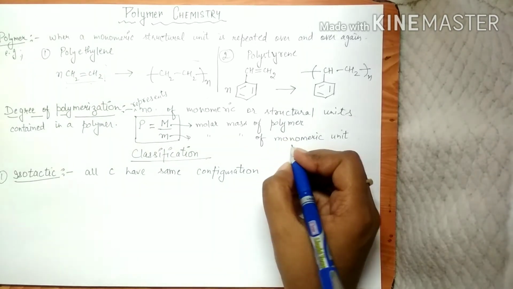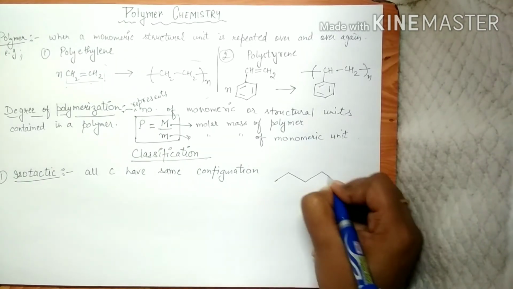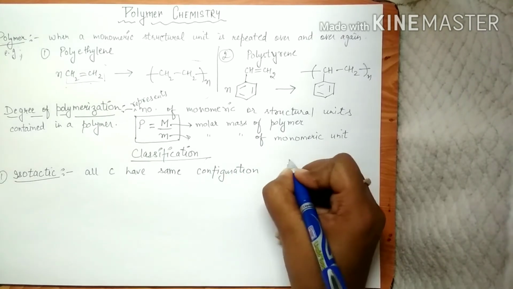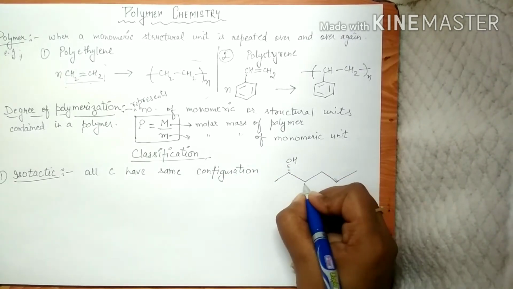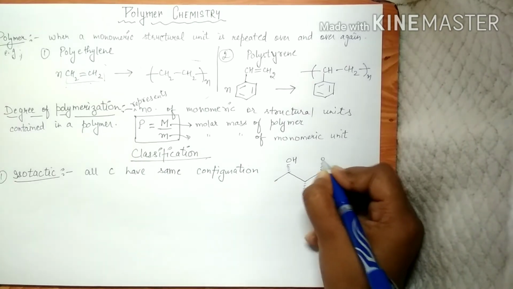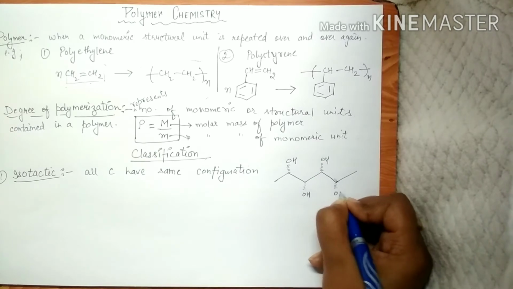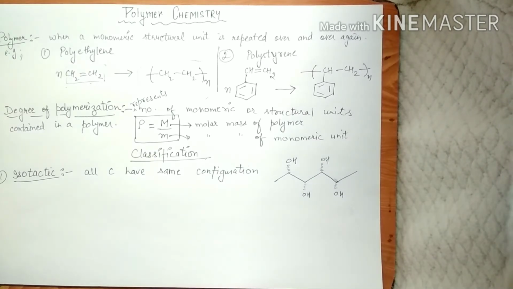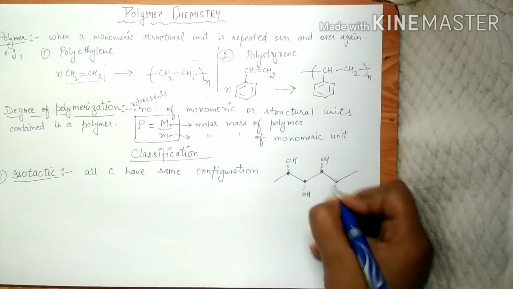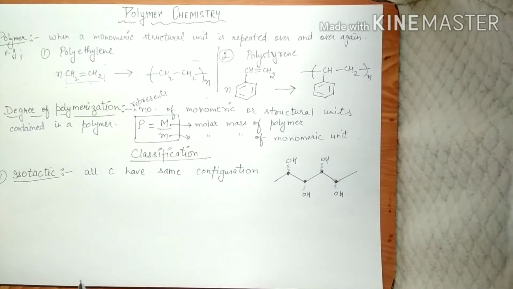For example, okay, the configurations of each of these carbons is going to be same. So this is about your isotactic polymers. How to find configurations? You will study that in the stereochemistry.